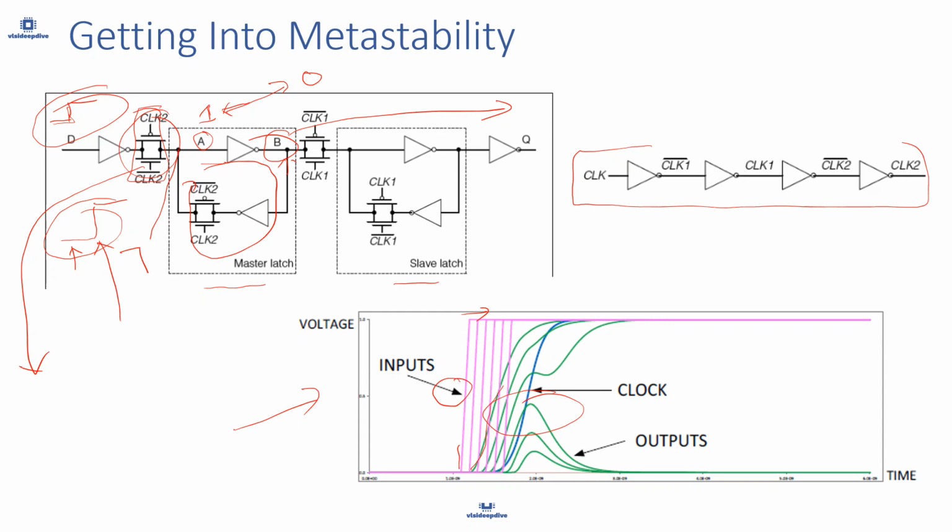At this point of time, since this value was not stabilized, you cannot predict whether the output Q is going to be 0 or 1. D input changed from 0 to 1. If it was normal circuit behavior, output Q should have changed to 1. But since metastability occurred, this circuit was not stabilized, and because of that, the Q value cannot be predicted. So this is what is known as metastability.